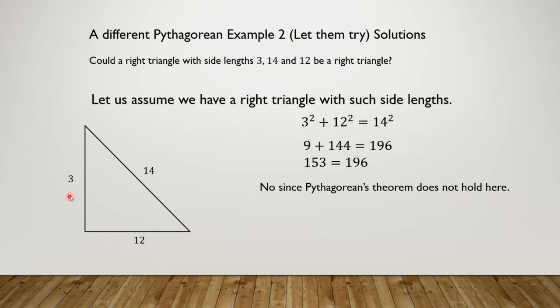Now you check, does Pythagorean's theorem hold? Well, 3 is a leg, 12 is a leg, and as I said, 14 would have to be the hypotenuse.